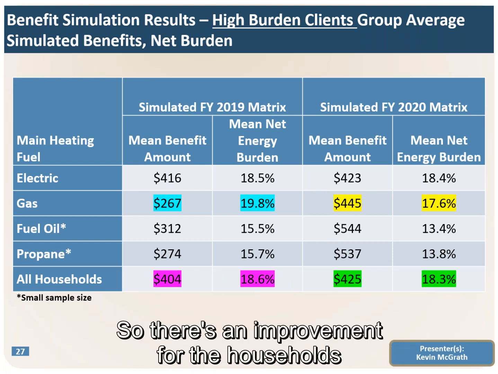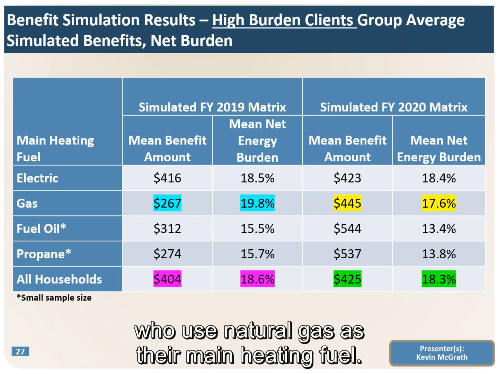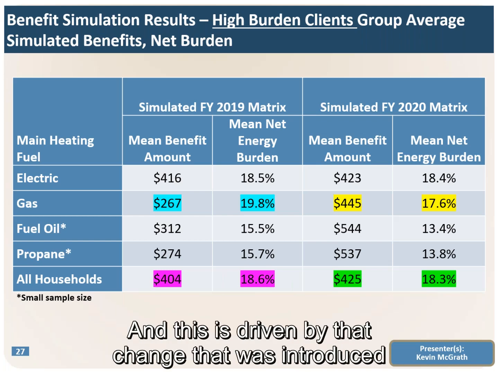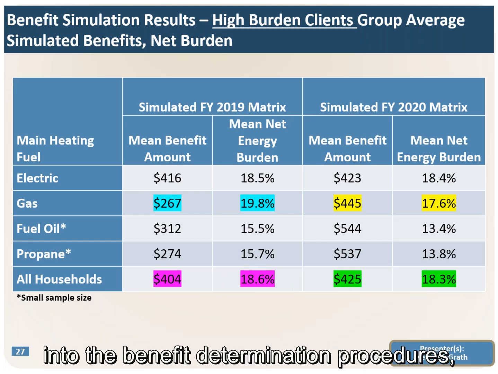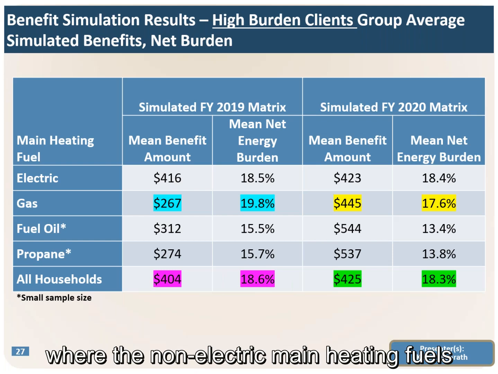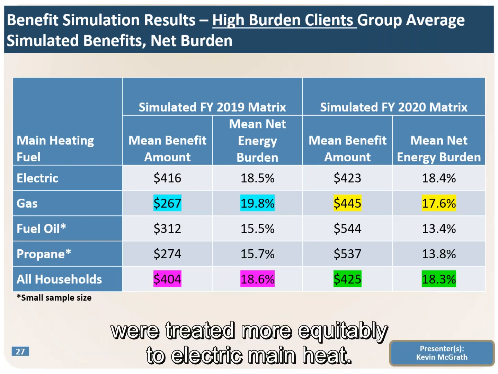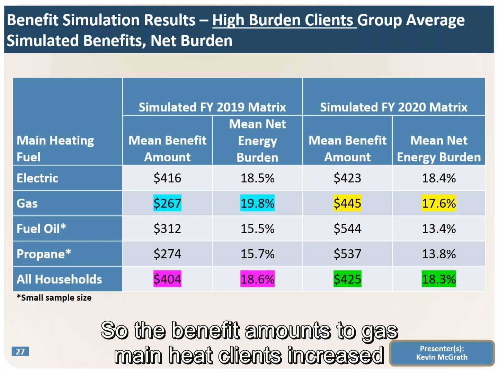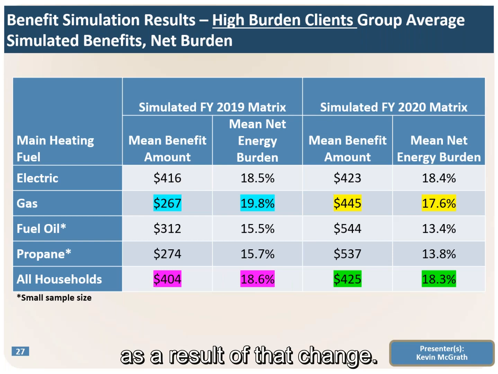There's an improvement for the households who use natural gas as their main heating fuel. And this is driven by that change that was introduced into the benefit determination procedures, where the non-electric main heating fuels were treated more equitably to electric main heat. So the benefit amounts to gas main heat clients increased as a result of that change.